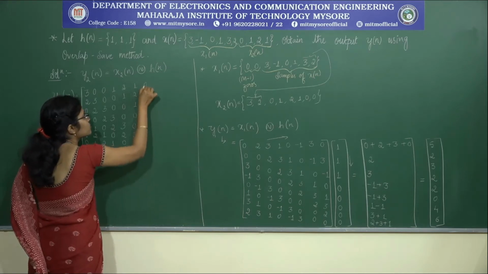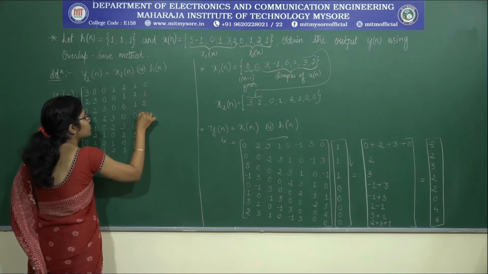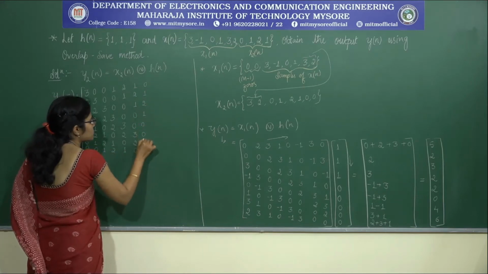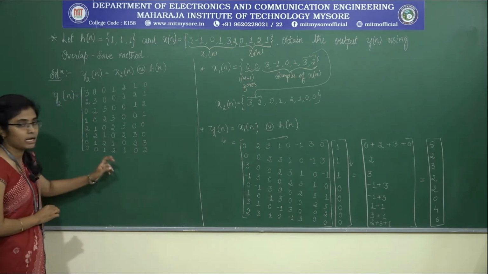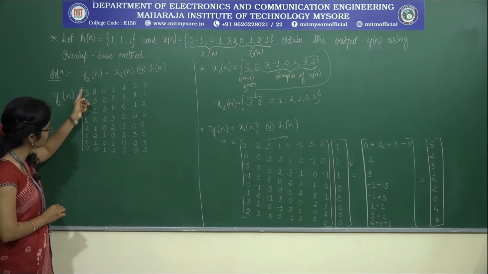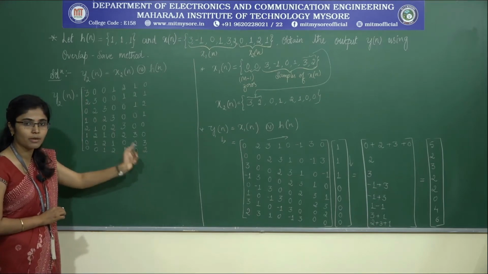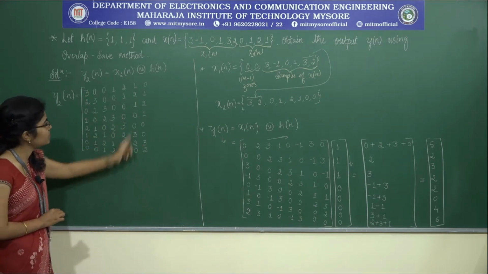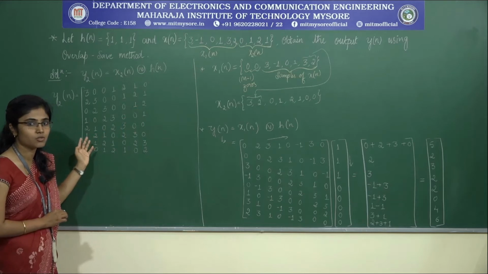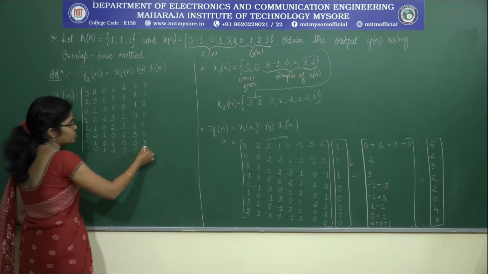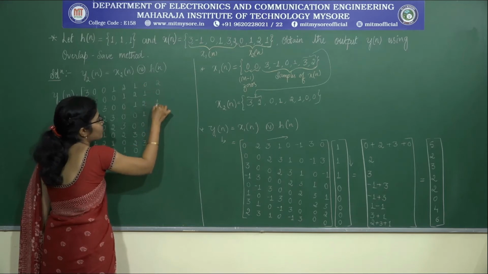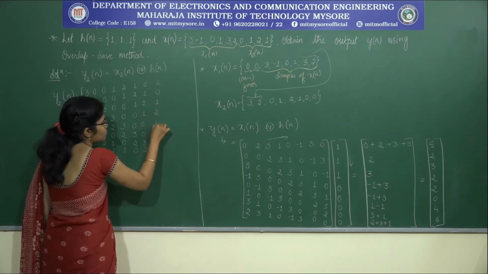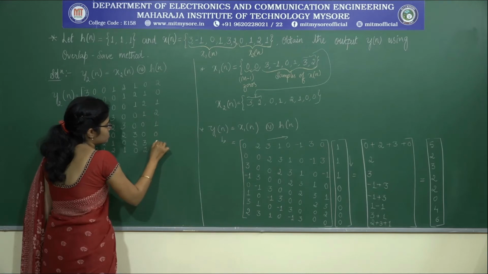Again shift this: 0, 1, 2, 1, 0, 0, 3, 2. Until I get the first element as the last element of the column, I need to keep shifting. Why am I shifting this? We are performing circular convolution, so I am shifting it circularly. Moving this above, again it becomes 0, 1, 2, 1, 0, 0, 3.